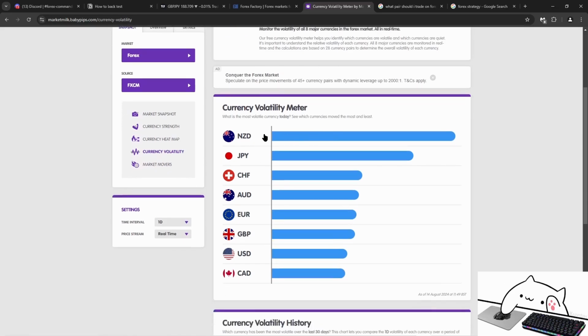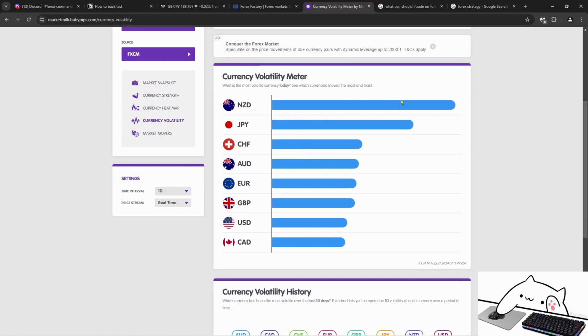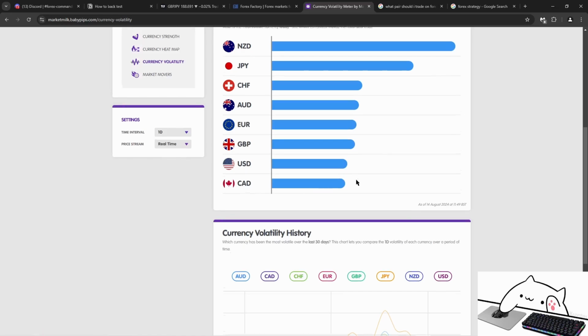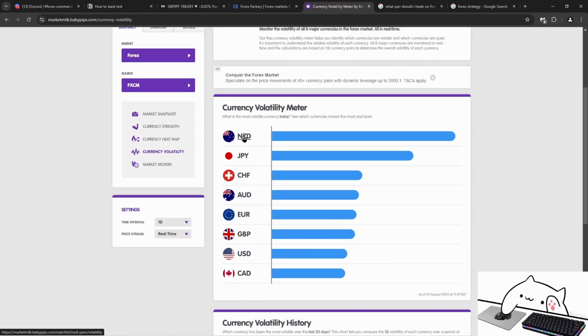So if this is very volatile, that means you're going to catch more money if you're right, and potentially lose more money if you're wrong. Then maybe you want something that's less volatile. You can go down here. Canadian, very less volatile compared to New Zealand.